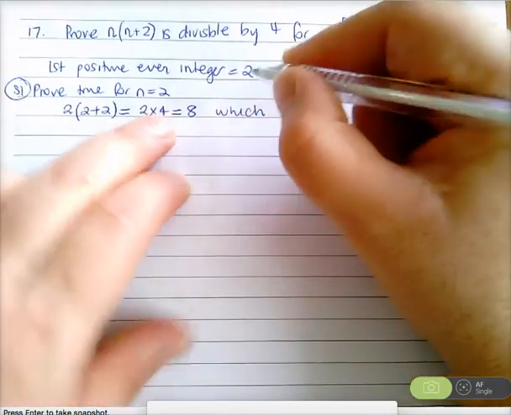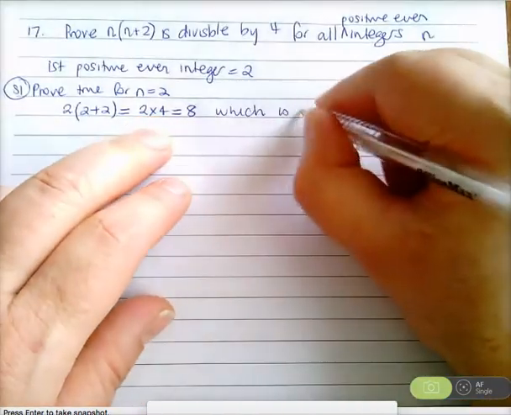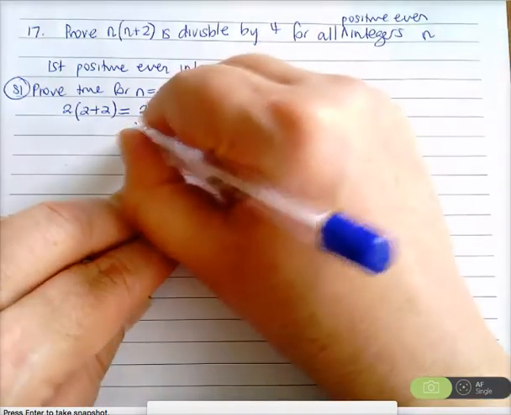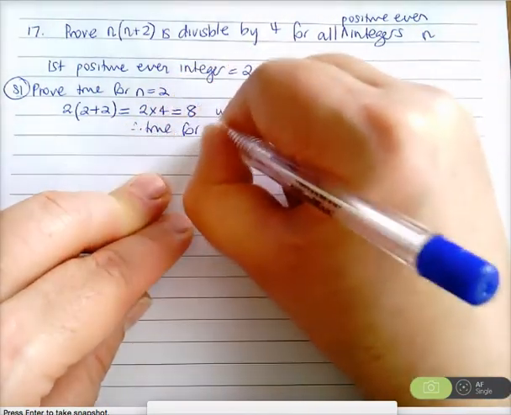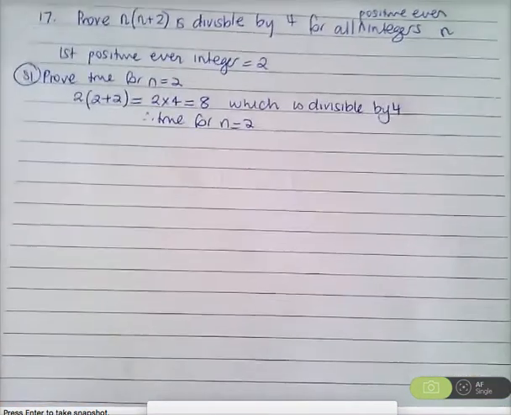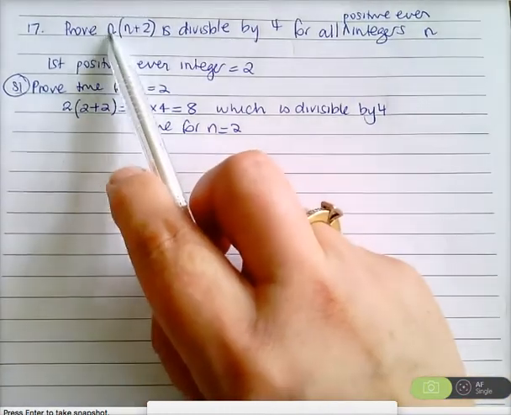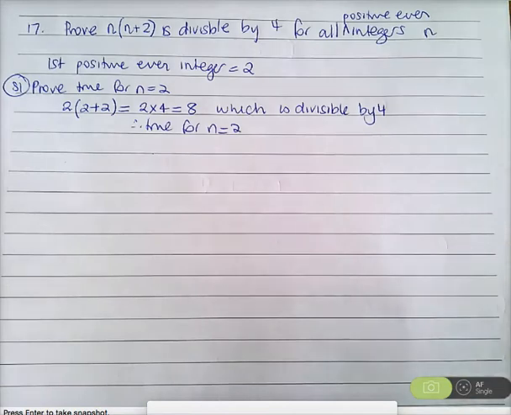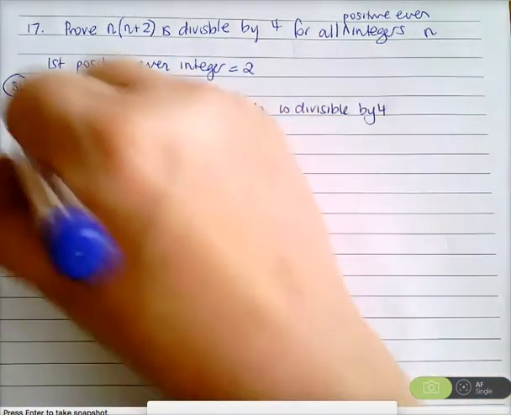You can see it's divisible by 4 because it's 2 times 4. Remember, we're doing by 4, therefore true for n equals 2.